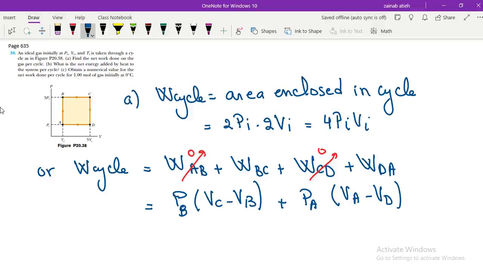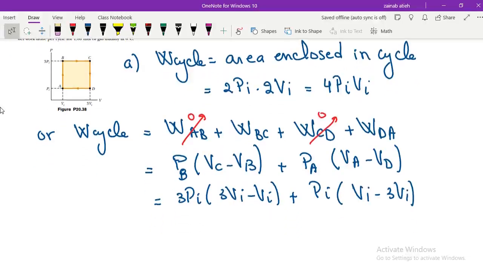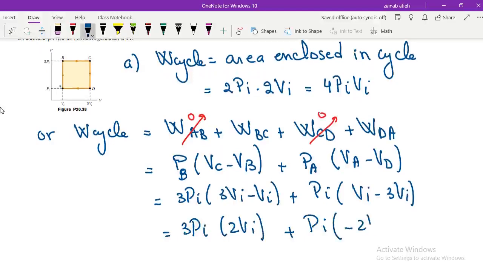final minus initial. For the first case, BC, I have pressure 3 Pi and volume 3 Vi minus Vi, plus the pressure for A, which is Pi, times (VA minus VD), we will get Vi minus 3 Vi, which is equal to 3 Pi multiplied by 2 Vi plus Pi multiplied by minus 2 Vi.